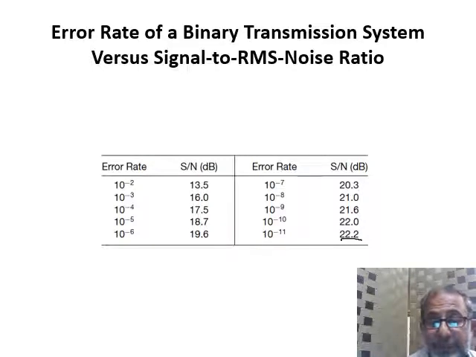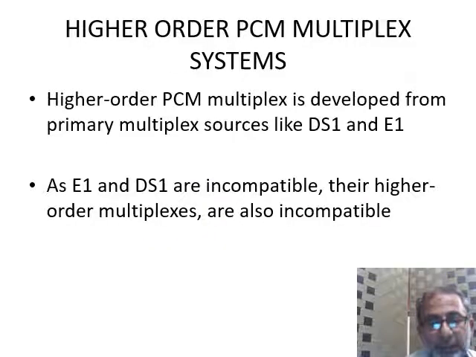For example, if we have a signal to noise ratio of 13.5, we will have 1 bit in error when we are checking 100 bits. 1 out of 100 bits would be in error.